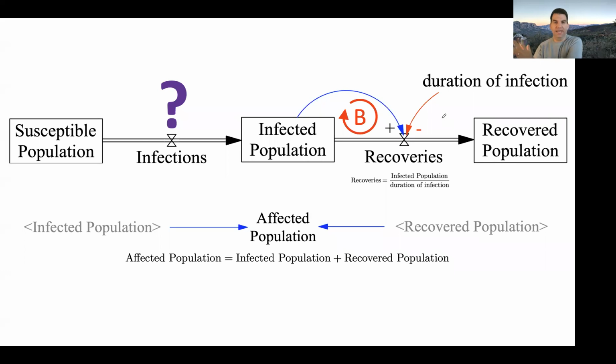Okay, so far that is our model. We've modeled the right-hand side, the recovery process, and we're keeping track of the affected population. But one important part we haven't taken care of is the left-hand side, the infectious process. That's what we need to model.